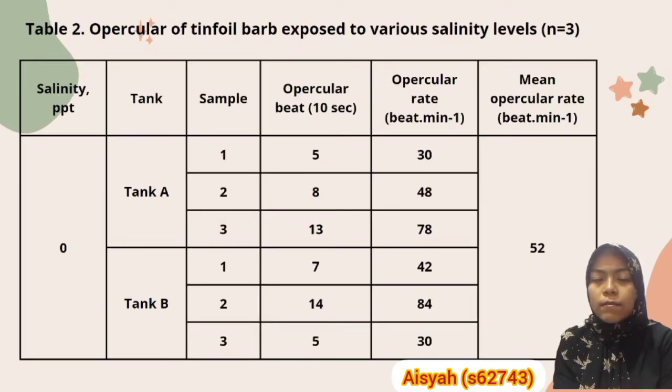Next, for table 2, opercular rate of tinfoil barb exposed to various salinity levels. For 0 ppt of salinity, the mean opercular rate is 52 for 10A and 10B. To get the mean of opercular rate, the opercular beats in 10 seconds are multiplied by 6 to convert to minutes.